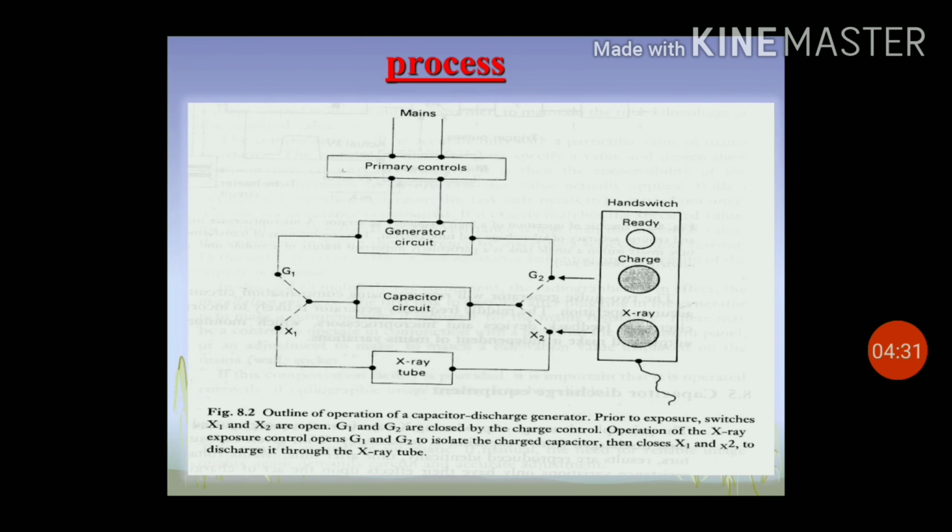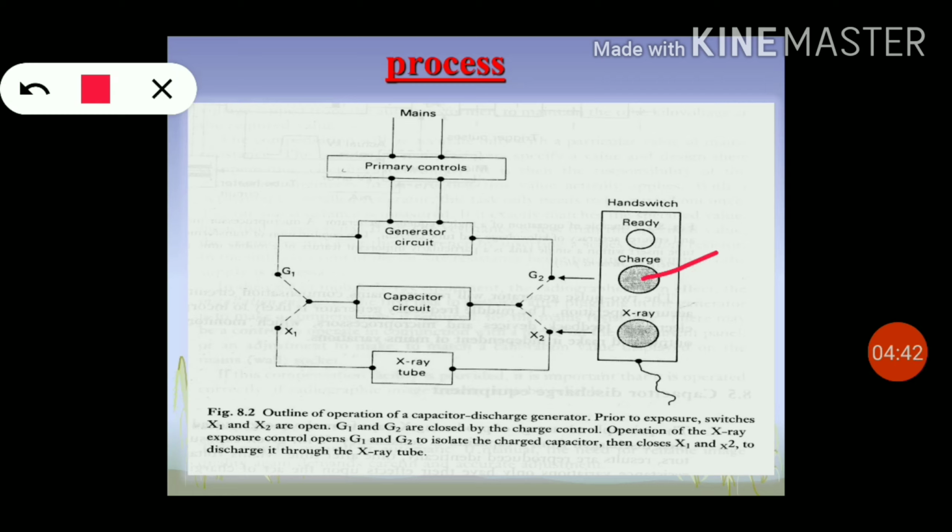Next is how the capacitor discharge unit works. We can see from here, when the charge button is pressed, the capacitor charges through the high voltage transformer by connections G1 and G2. When the required kV is reached in the capacitor circuit, charging will automatically stop.